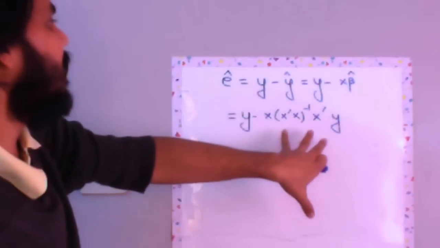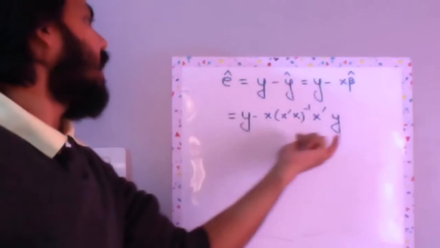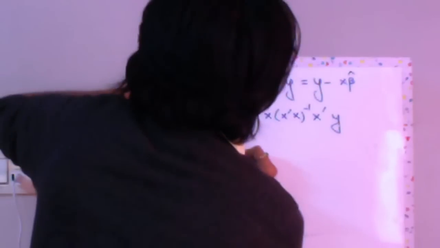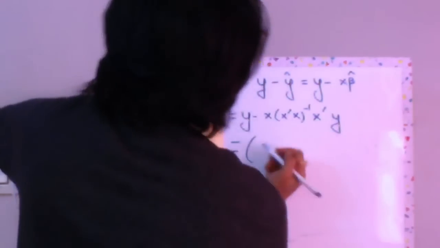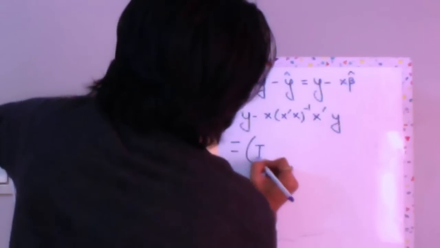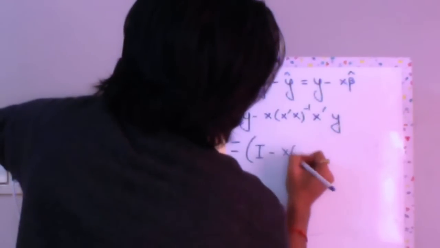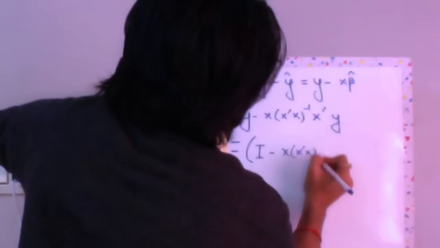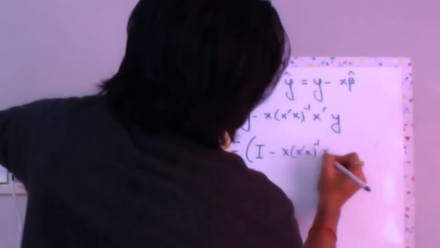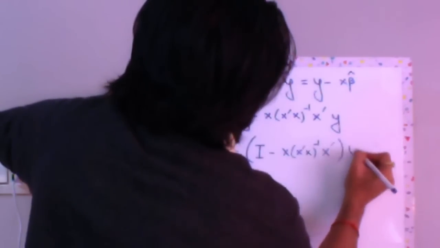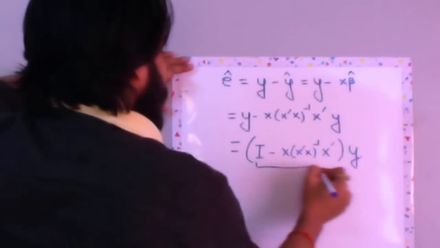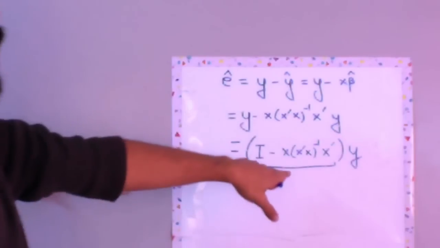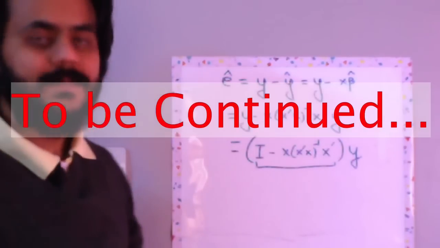This is just putting the value of beta hat over here. This can be further written by taking y common: I minus x transpose x inverse x transpose, times y. Now this I minus this thing is your idempotent matrix, which means if I square this matrix, it will remain the same.